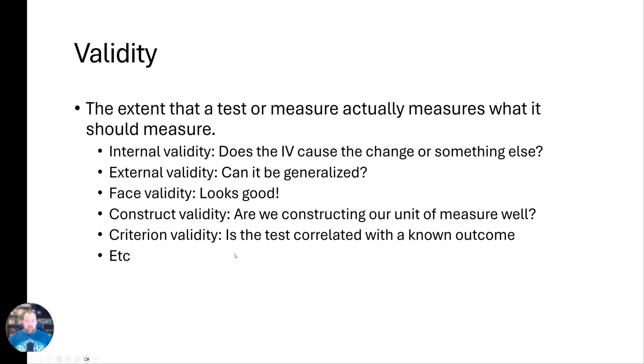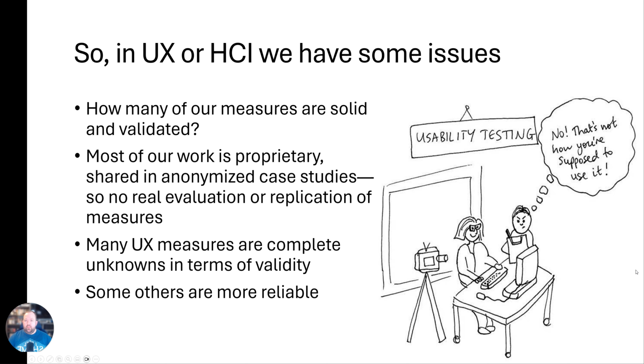That also sometimes can get lumped in with statistical validity. Before any psychometrics folks jump on me, I know they're probably different in some very specific ways, but for this purpose, as long as you know these foundational ones, you're good. But feel free, if you're interested, to look up other ones because they might be valuable for you. So the problem we run into in UX or HCI is that we have some issues.